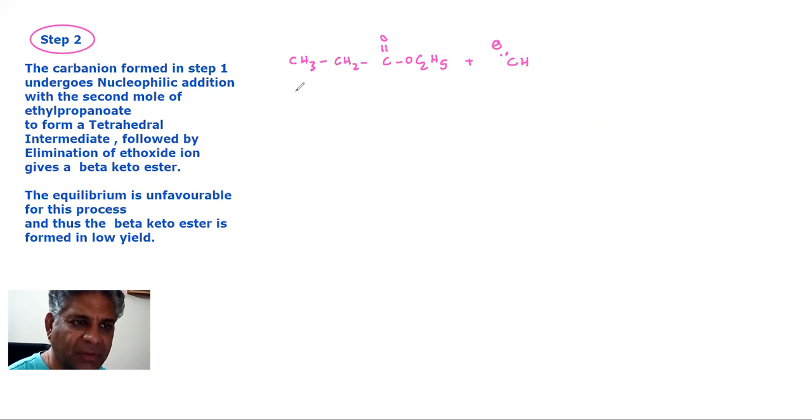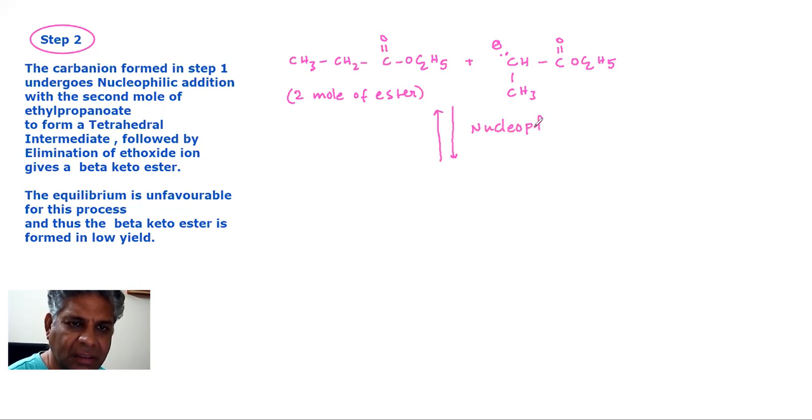See, this is the second mole of ester, and this is the carbanion formed in step 1. Now this undergoes a nucleophilic addition.